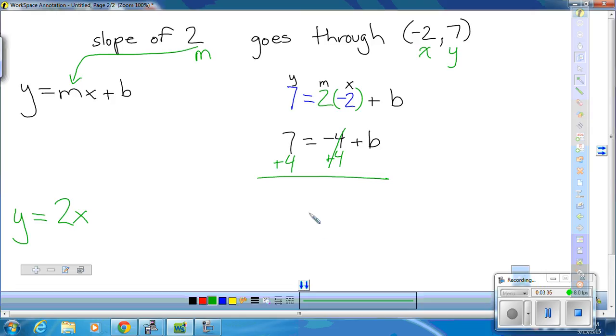So those cancel out, and 7 plus 4 is 11. That means that m was equal to 2, and b was equal to 11. So now I have the equation that has a slope of 2 and goes through that point. Its y-intercept would be 11.